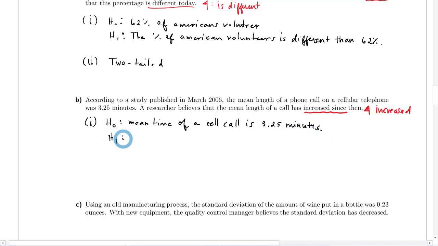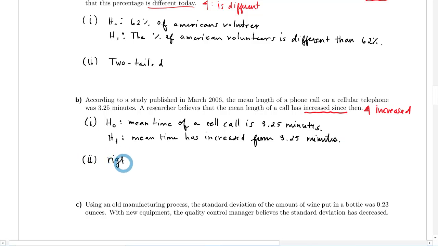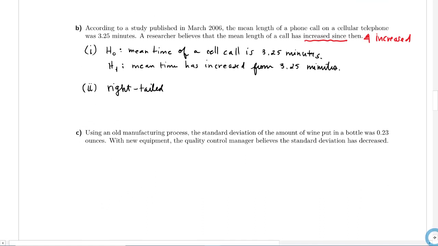But the alternative now says that the mean time has increased from 3.25 minutes. Since it's increased, we know that this is a right-tail test, and it would have that little area shaded to the right.